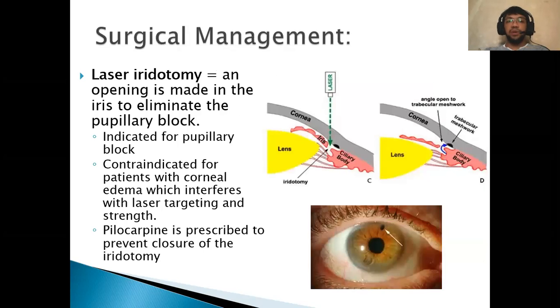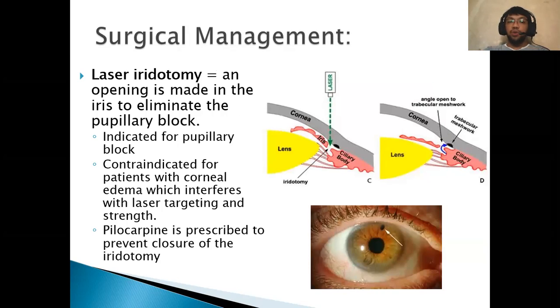Another is laser iridotomy. It's an opening made in the iris, as you can see here, in order to eliminate the pupillary block. Since there's a blockage there, they'll create an opening in order again to drain the aqueous humor.